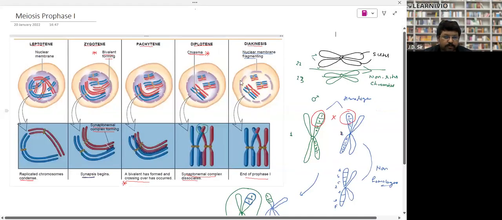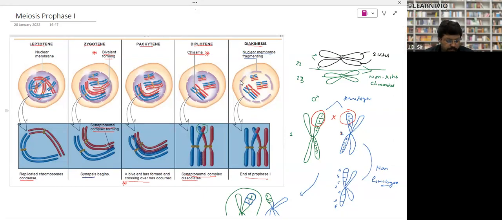Now start writing down. First, leptotene. In leptotene, the nucleus enlarges. Full stop.